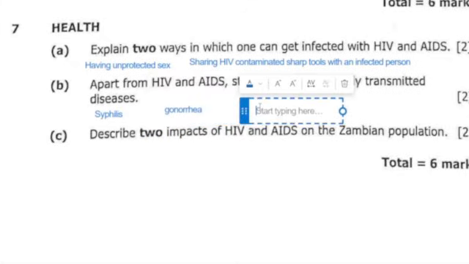You can also contract herpes. Okay, the other one is you can contract herpes.